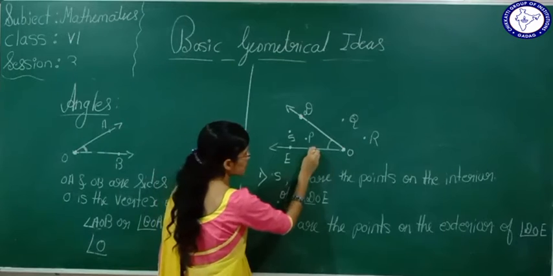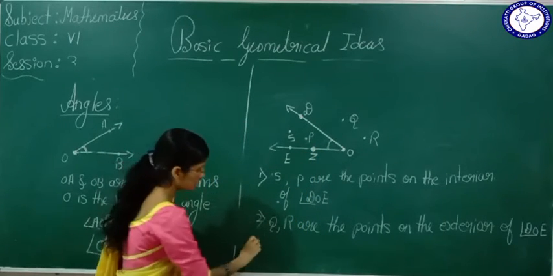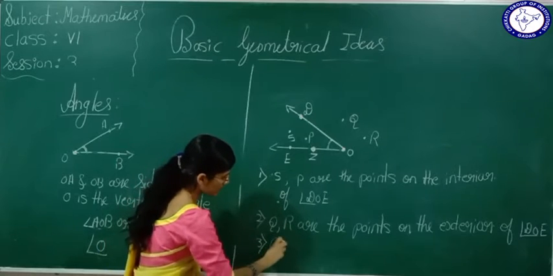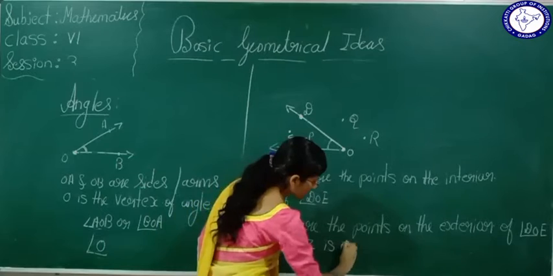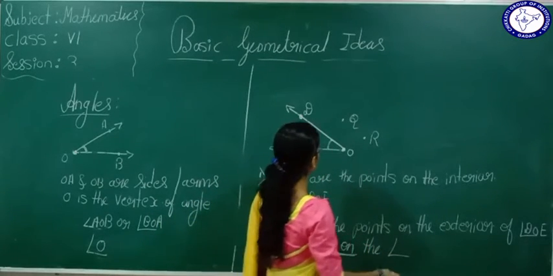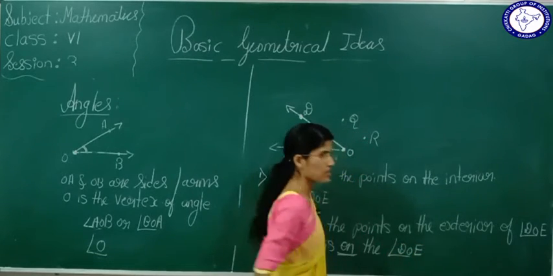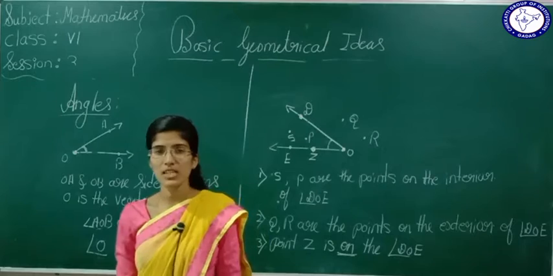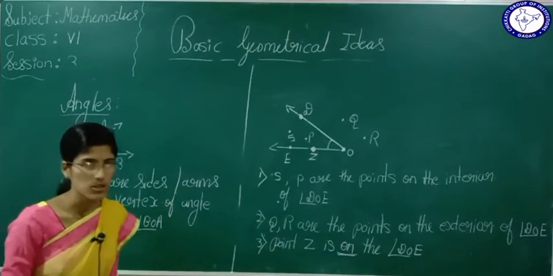Now see here, suppose I ask you, where is this point Z? Point Z is on the angle DOE. Yes, in the last session we studied what the interior, exterior and boundary are, right?